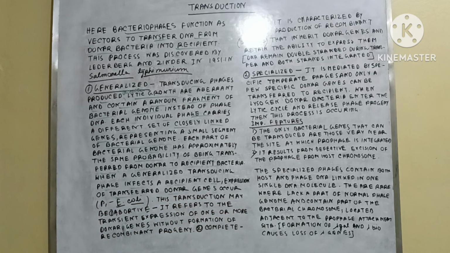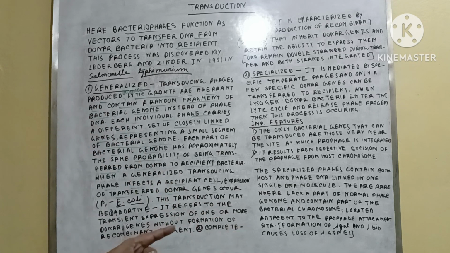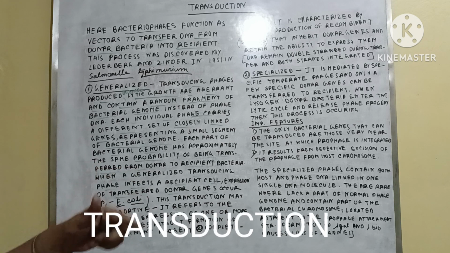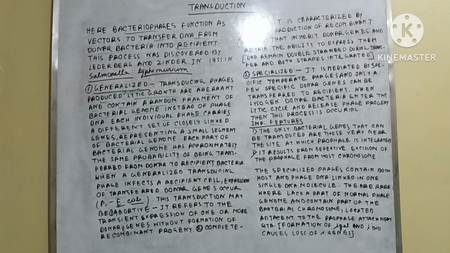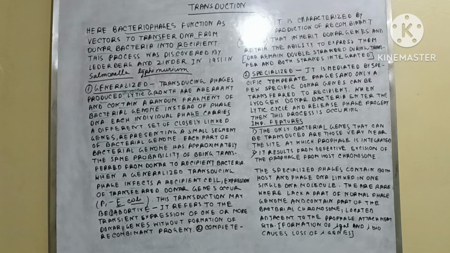So when the phage infects a recipient bacterium, the bacterial DNA already present within the phage is transferred into the recipient bacterial cell, and this is the process of transduction.